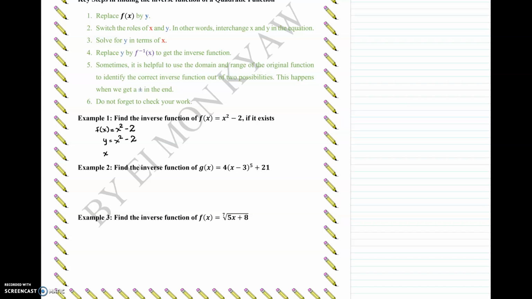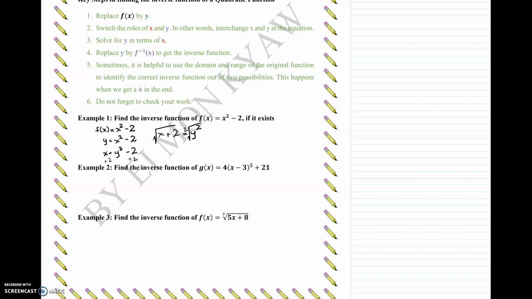So it's going to look like this. X is equal to y squared minus 2. Now we want to solve for y squared. So what we have to do is add 2 to both sides. When we add 2 to both sides, we get x plus 2 is equal to y squared. Now we have a square, so we square root both sides of the equation.